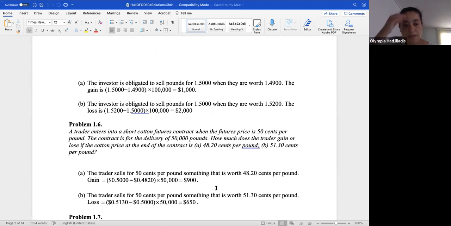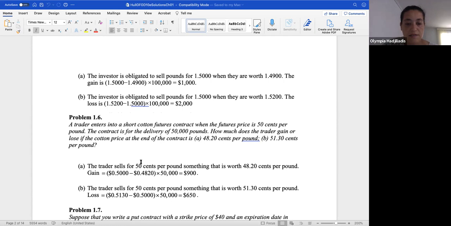So problem 1.6, a trader enters into a short cotton futures contract when the futures price is 50 cents per pound. The contract is for the delivery of 50,000 pounds. How much does the trader gain or lose if the cotton price at the end of the contract is 48.20 cents per pound and 51.30 cents per pound? The trader sells for 50 cents per pound something that is worth 48.20 cents per pound.